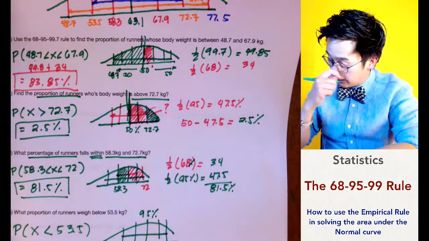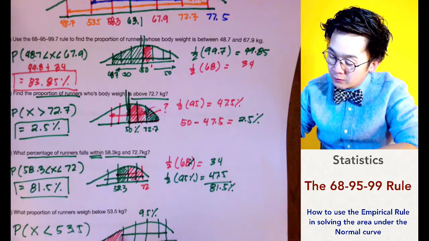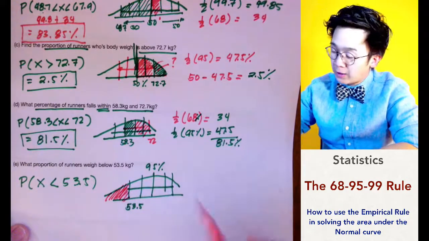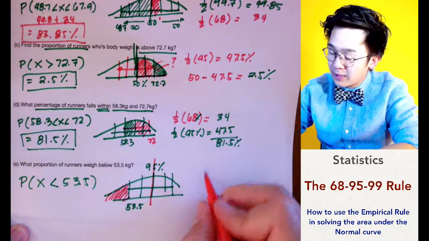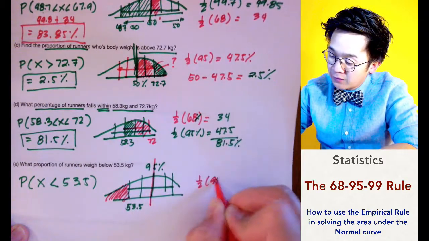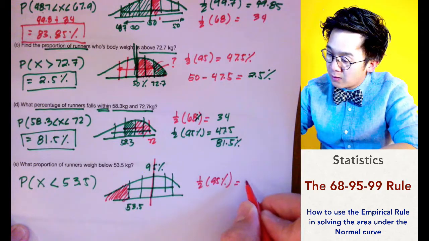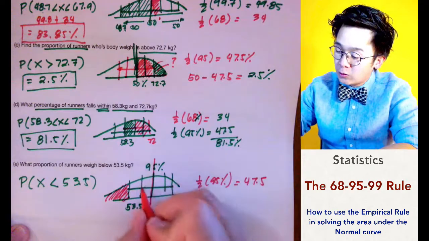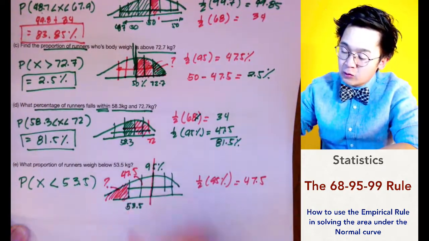95%. So, since ang kailangan lang natin is yung area to the left of 53.5, so, ang gagawin natin is kukunin natin yung kalahati ng 95%. So, half ng 95% we know is 47.5. So, since ito yung 47.5, ito yung hinahanap natin.